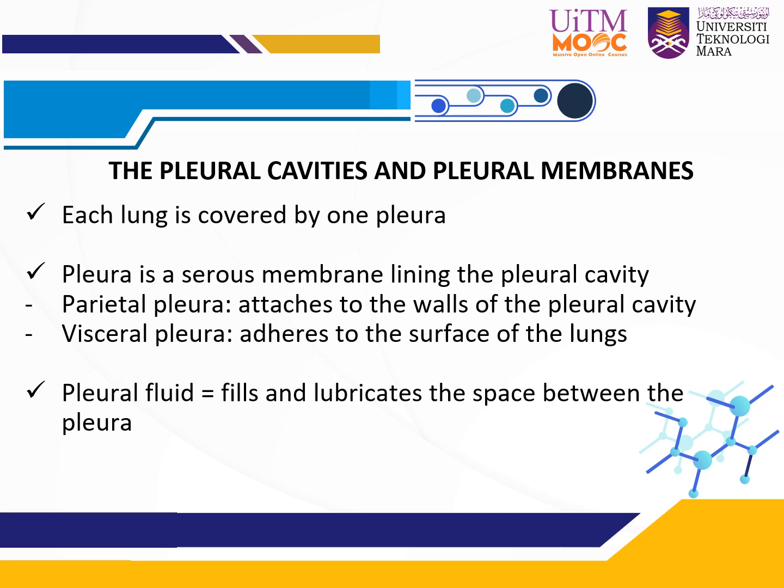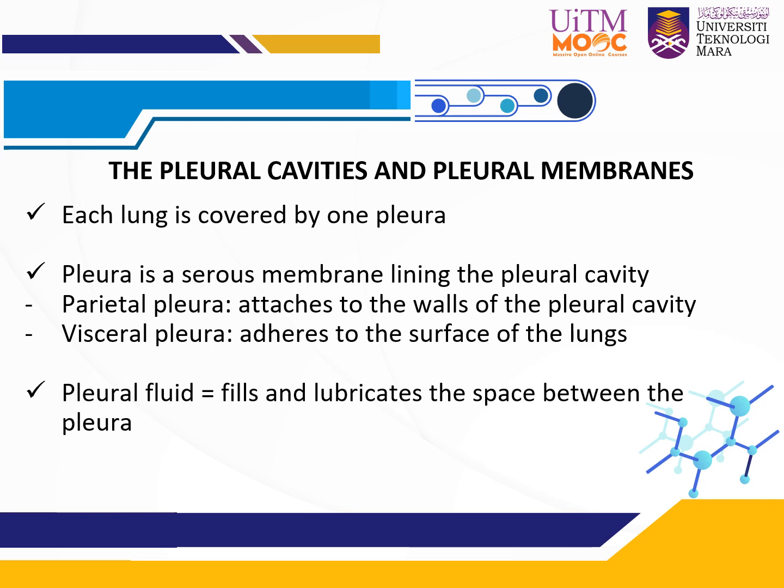I will show you the picture shortly. And we have the visceral pleura, which is inside and adheres to the surface of the lungs, on the lungs itself. And in between these two pleura, there is what we call a pleural cavity that has pleural fluid, and this pleural fluid fills and lubricates the space between the pleura to reduce friction while you are breathing in and out.